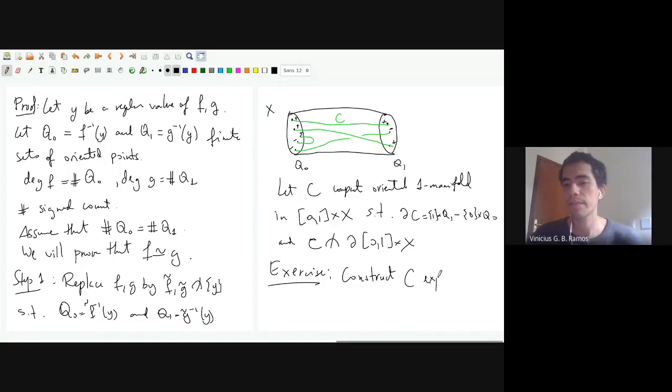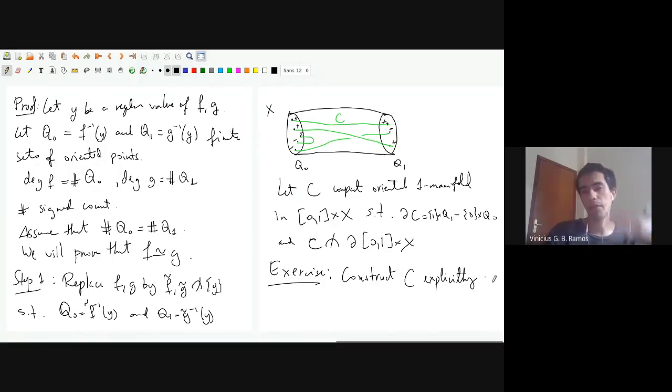Construct C explicitly. I already gave you the hints: you find some homotopy, and you want to make sure that the homotopy never stops, like you have a smooth curve from one point to the other in X, whose derivative is never 0.